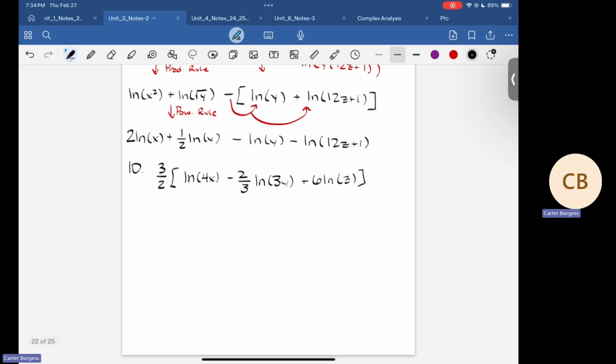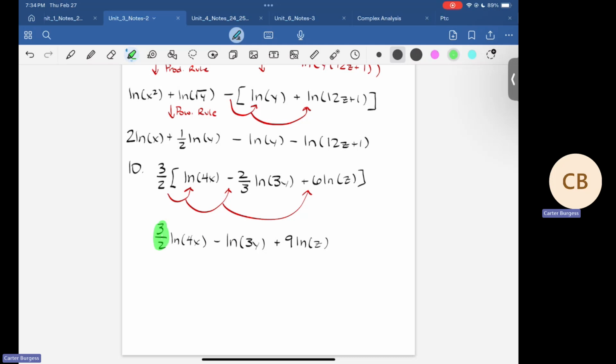I think a little bit easier is going to be distributing that 3/2, mostly because it's going to take that y coefficient and simplify it pretty drastically. So when I do that, I get 3/2 times the ln of 4x minus 3/2 times 2/3 is just 1, which is why I did this. And then 3/2 times 6 is 9 times the ln of z.